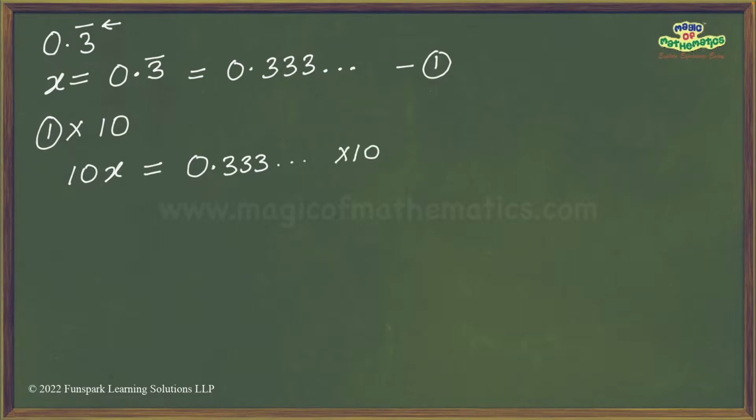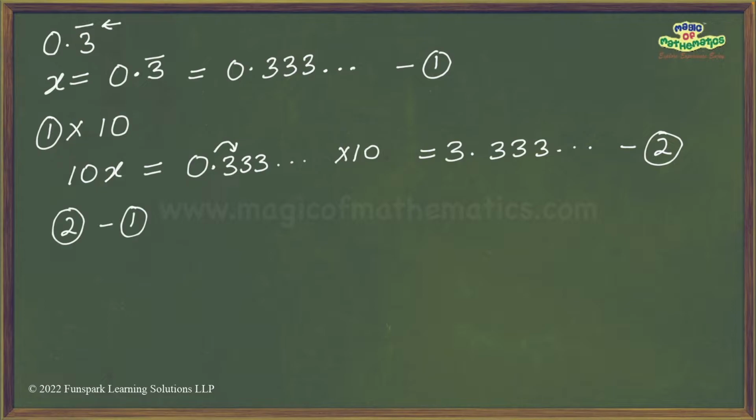When we multiply any decimal number by 10, the decimal point shifts one place to the right. So we get 3 point, and since we still have 3 repeating forever, we can write 333 and so on after the decimal point. I will label this equation as 2. Let us now subtract equation 1 from equation 2.